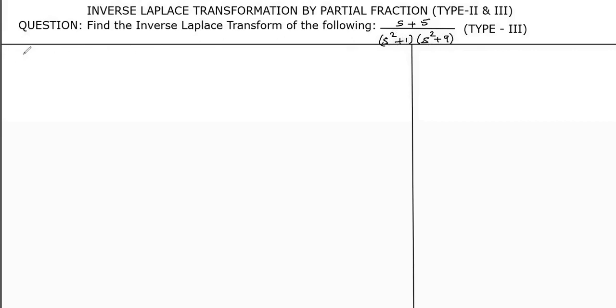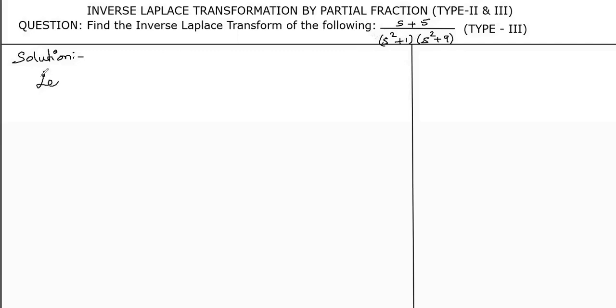And now I will tell you how to differentiate between type 2 and type 3. See, in type 2, the power of s was in the denominator outside of the bracket. But here it is inside. So what should be done?